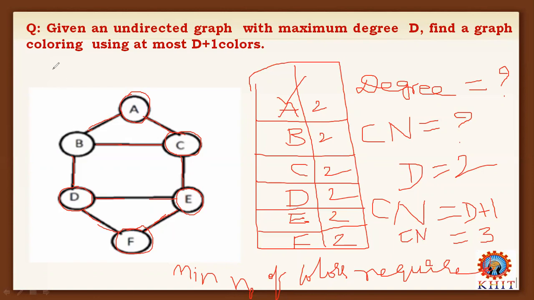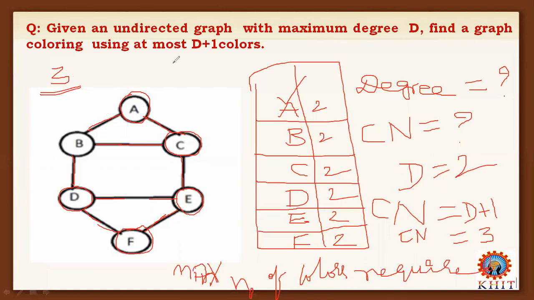So that means the minimum number of colors required to fill each and every vertex of the given graph is 3.